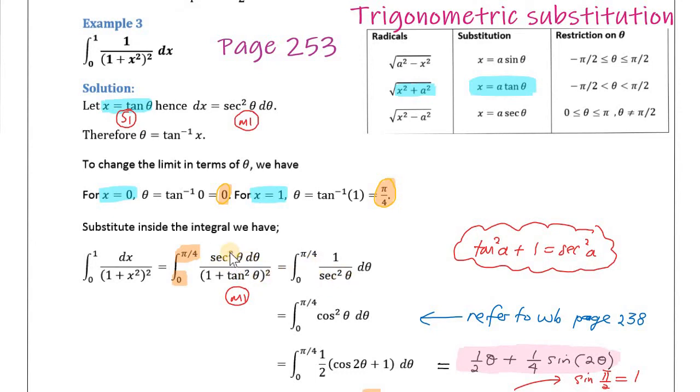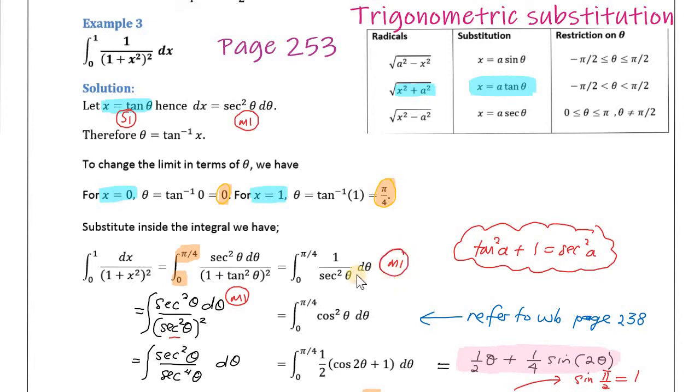Then we simplify; the power 2 gives sec to the power 4. Let me write that. Use the identity to change it into sec squared, and as we simplify, we get 1 over sec squared, and 1 over sec is cosine, so cosine squared. You have to leave your answer up to that level.